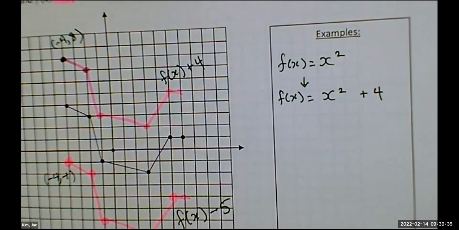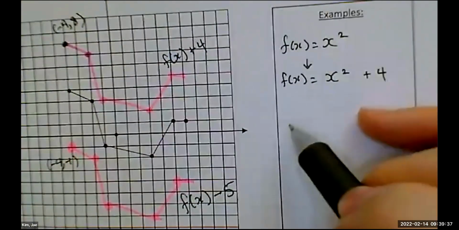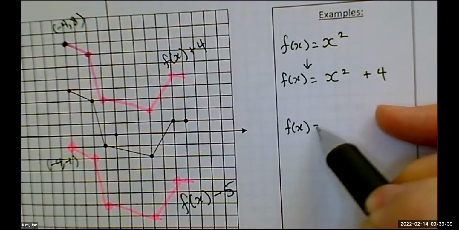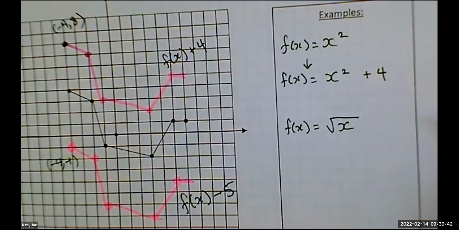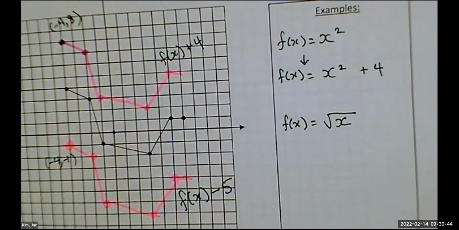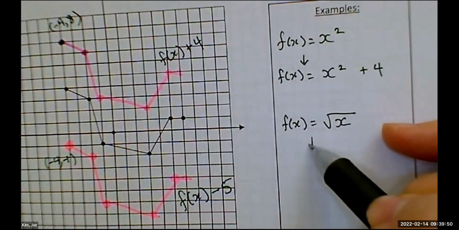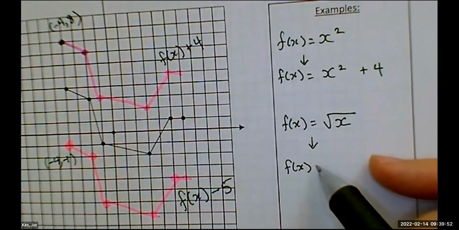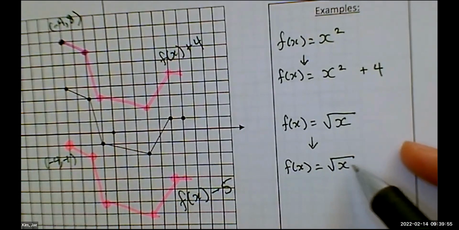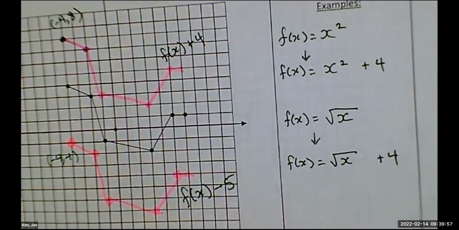What if I had something weird? Like, what if f of x was square root of x, like something you've never seen before? Well, it doesn't matter. It's still the same thing. If I want to take this funky looking graph and shift it up, whatever that function is, on the outside, I just add by 4.